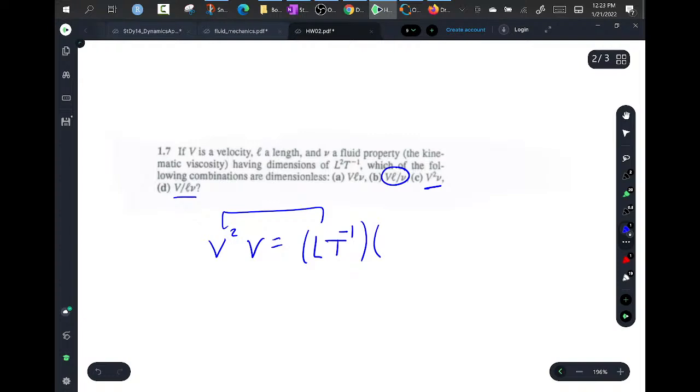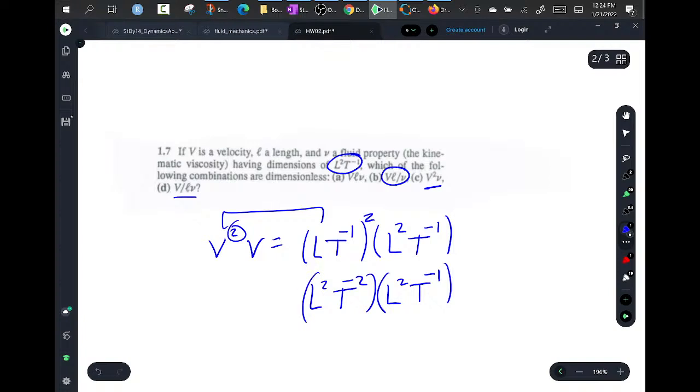The kinematic viscosity is length squared time to the -1. Now, this was squared, which means effectively, the problem is I can't get this down to F to the 0, length to 0, time to 0. That's non-dimensional, in that there are no dimensions there.